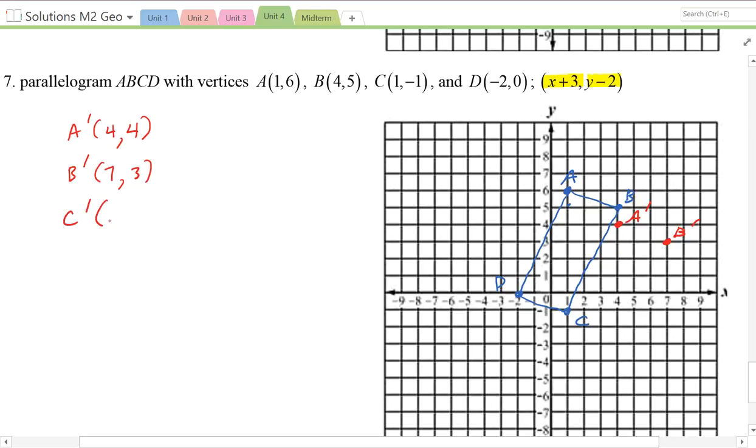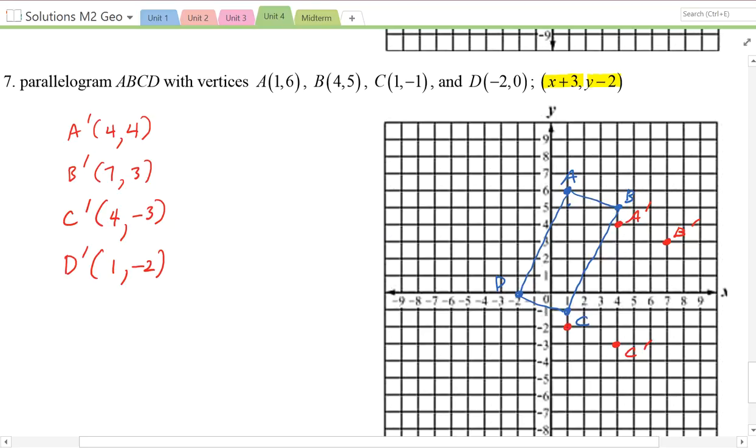Point C, add 3 to the x, so 1 becomes 4. Subtract 2 from the y, negative 1 changes to negative 3. So there's my C apostrophe. For point D, add 3 to the x, so negative 2 plus 3 is 1. Subtract 2 from the y, 0 minus 2 is negative 2.